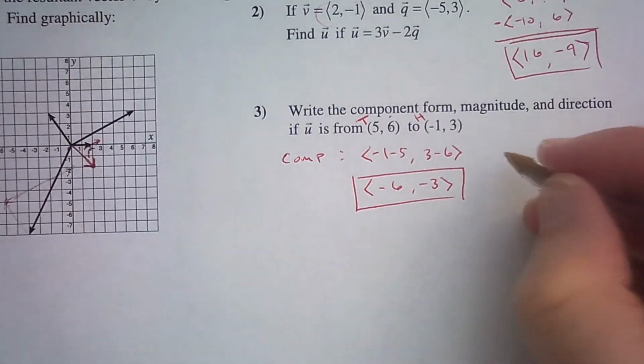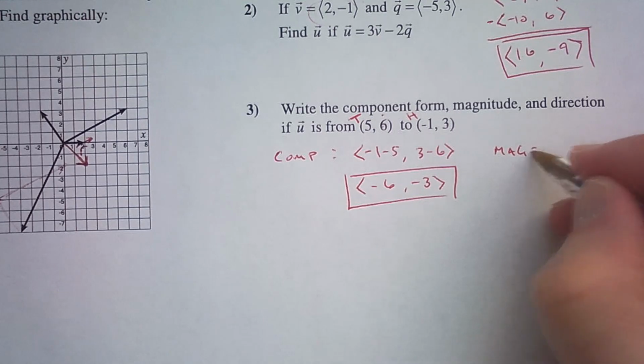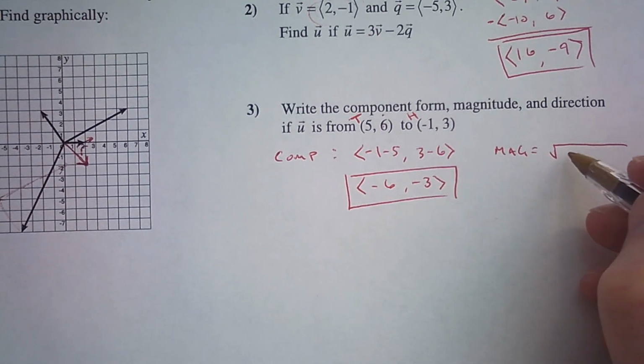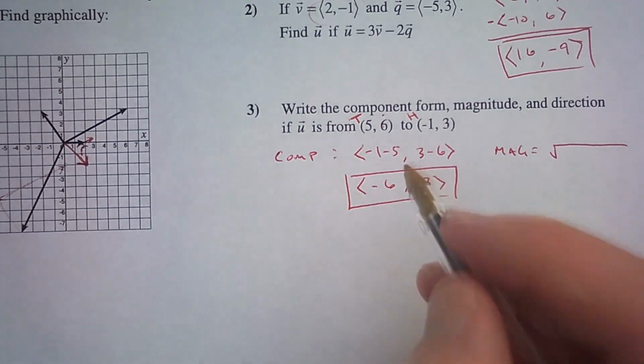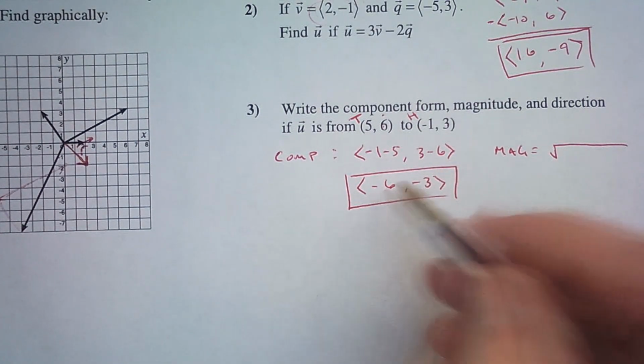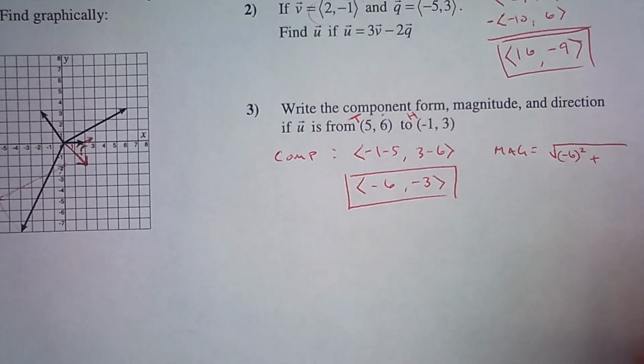Next, find the magnitude. Now the magnitude, we use the distance formula. So that's the square root of, and then we've got x minus x and y minus y. But we've already done that. We've done x minus x and y minus y and got negative 6, and that's going to be squared, plus y minus y, which is negative 3 squared.